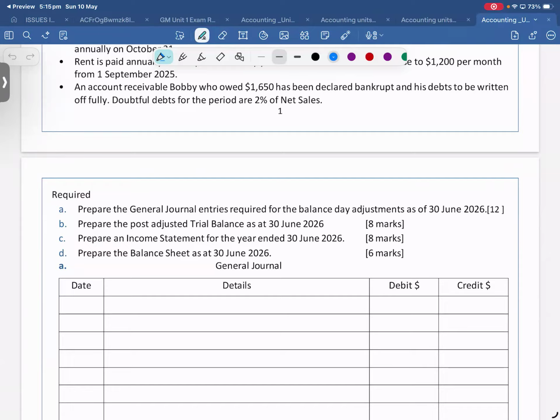You can also do it in the pre-adjusted, but mainly adjustments means balance day adjustments, not necessarily errors, because errors can be fixed at any time. Writing off bad debts is a balance day adjustment only if it was on the last day of the period. Otherwise, bad debts can be written off at any time.